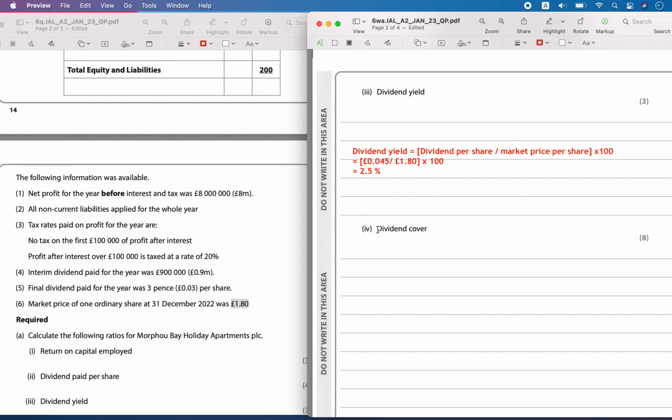The next one is the dividend cover. So let's calculate the dividend cover.